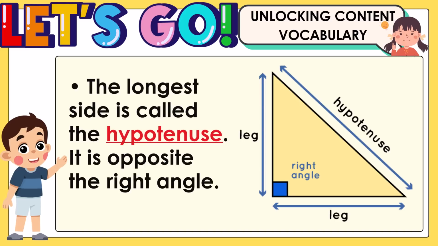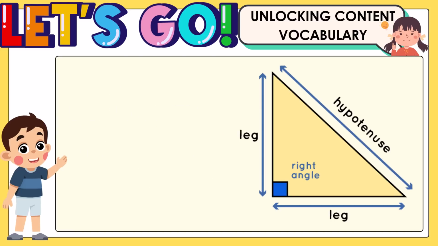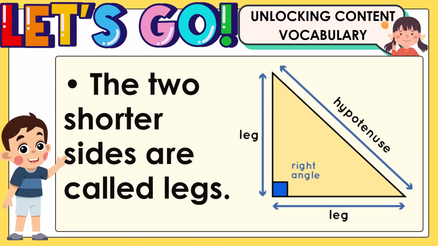It is opposite the right angle. The 2 shorter sides are called legs.